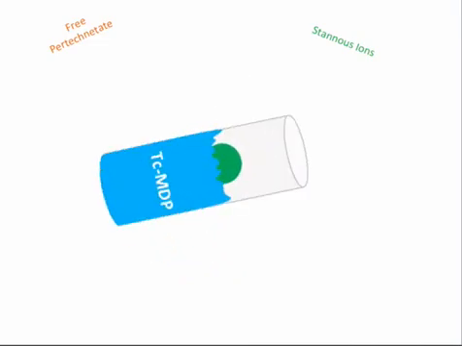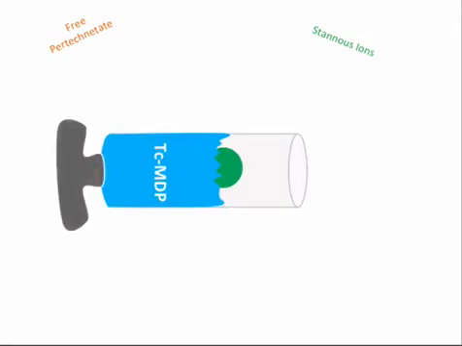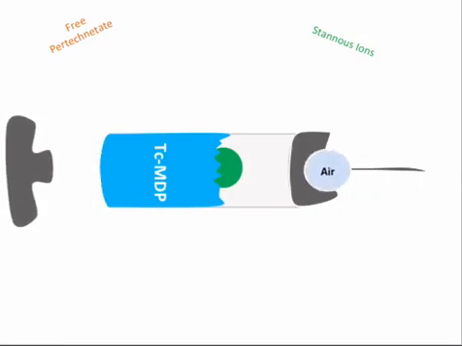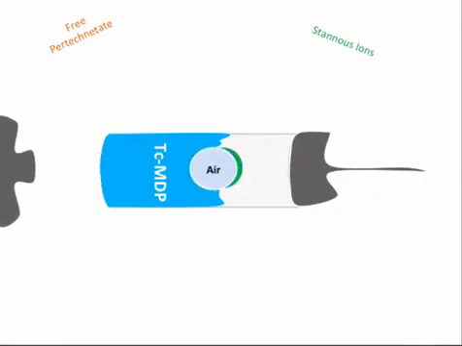But then as we go to get ready to inject it, we draw back, pulling some air into the syringe. Instead of having the reducing effect we needed to make it stick, this is going to cause an oxidation event, which is going to result in free tech being in the vial.